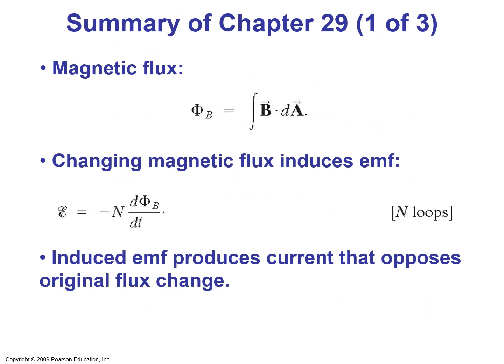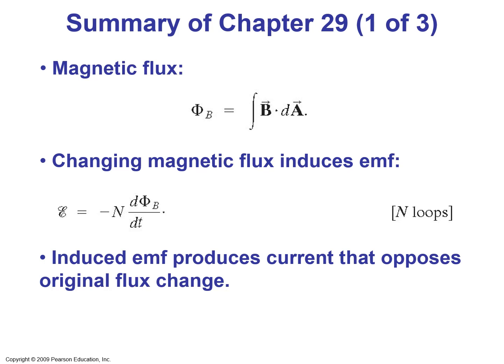Summary of Chapter 29. Magnetic flux is defined as the integral of B dotted with dA. Changing magnetic flux induces EMF given by minus the change in magnetic flux over time. For N loops, we have minus N multiplied by the change in magnetic flux over time.